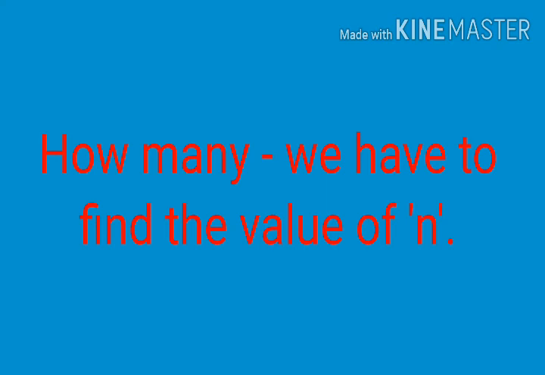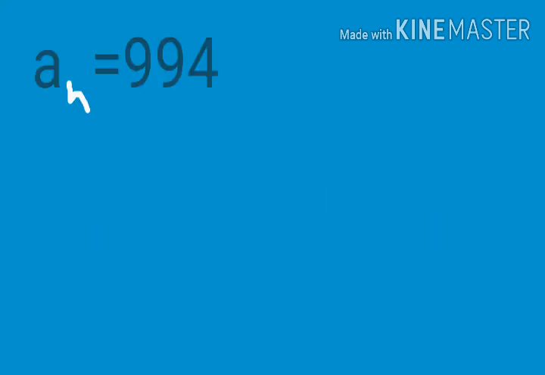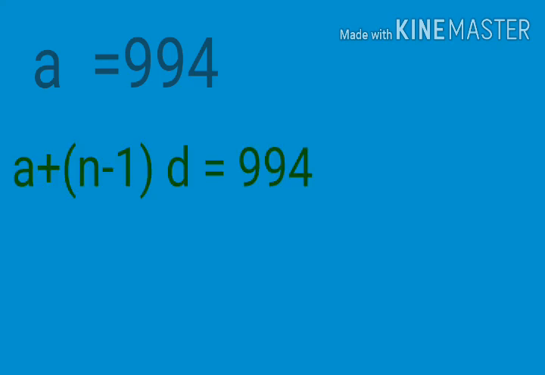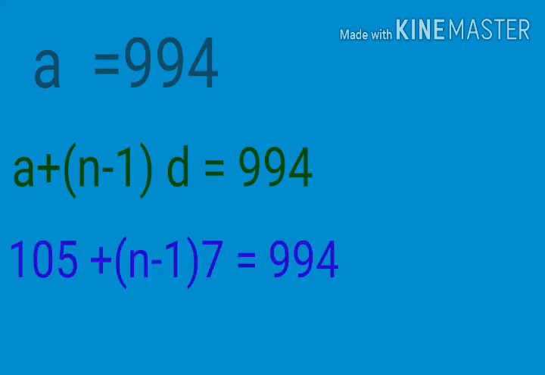So here we can give an equal to 994 and write the equation as a plus (n minus 1) into d equals 994. So substitute the values which are known. a and d are known. So 105 plus (n minus 1) into 7 equals 994.